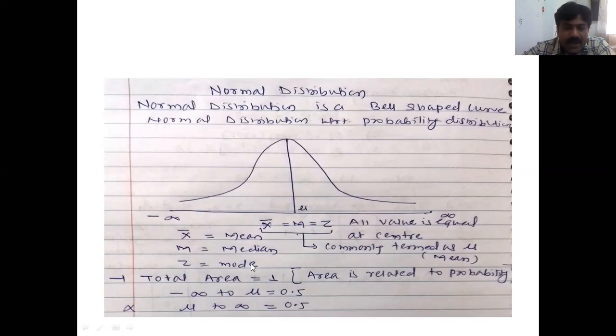So the total area of this bell-shaped curve is 1, half from the center mu to the left side and half from the center to the right side. We are looking at a probability distribution, which is at most equal to 1. The curve touches the x-axis at minus infinity and at plus infinity. So we are calculating the area, that is what the normal distribution is.